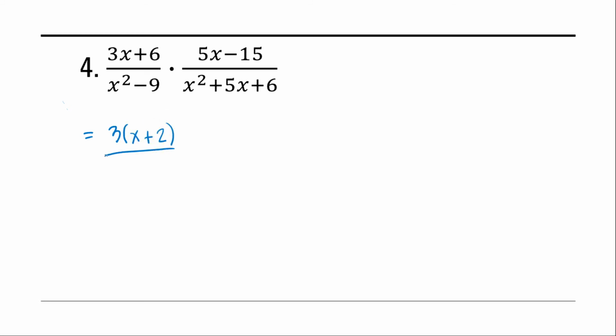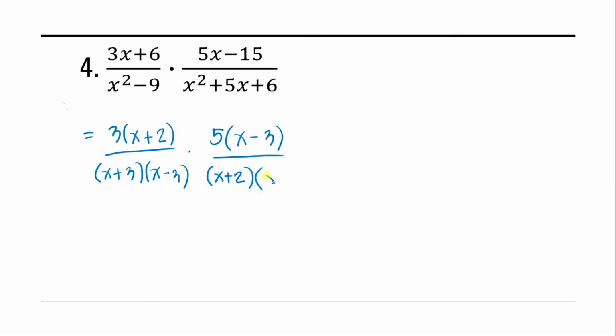X squared minus 9 can be factored out as x plus 3 times x minus 3. 5x minus 15, we can factor this out as 5 times x minus 3. X squared plus 5x plus 6 can be factored out as x plus 2 times x plus 3.